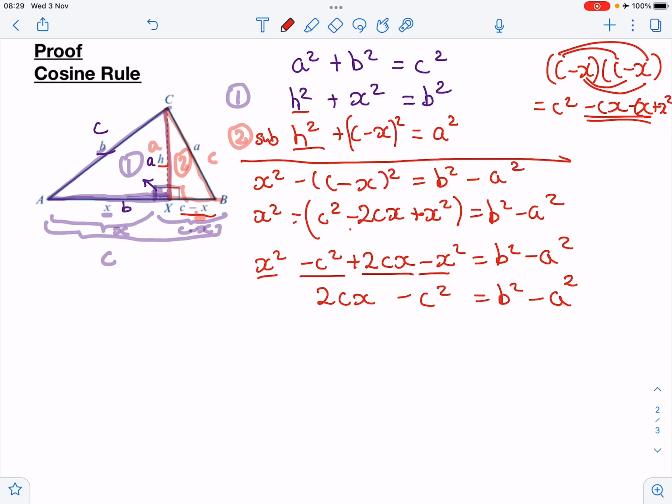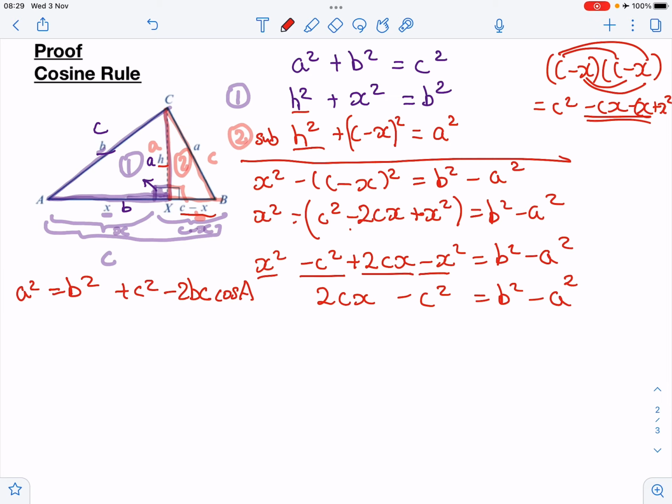Okay, now let's try to make our formula look like our cosine rule. If you remember correctly, our cosine rule is a squared equals b squared plus c squared minus 2bc cos A. So let's rearrange the formula to look like this.